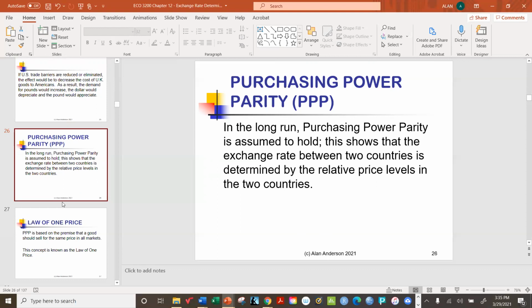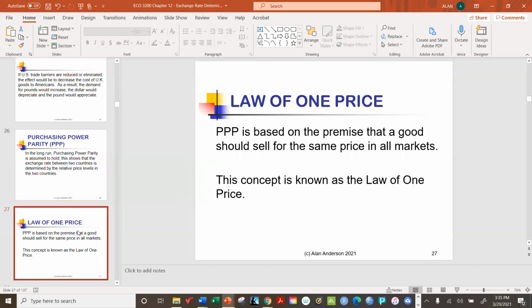The reason for this is because in order for PPP to hold, there's one thing that has to be true in the marketplace, and that is referred to as the law of one price, which means that a good will sell for the same price in all markets.